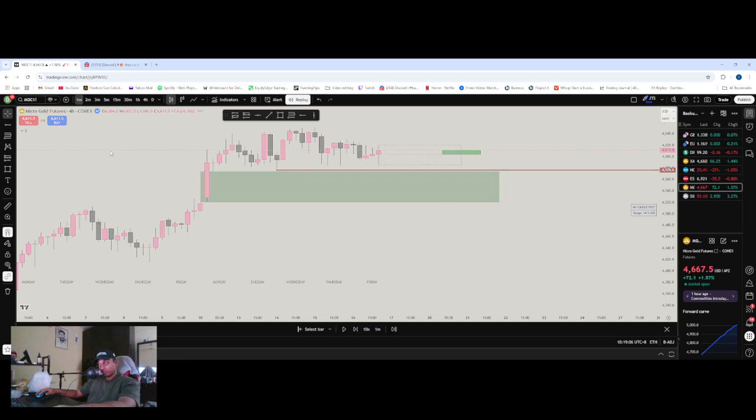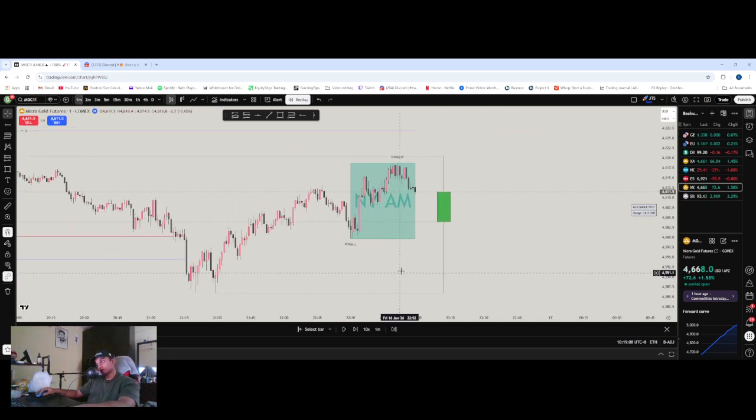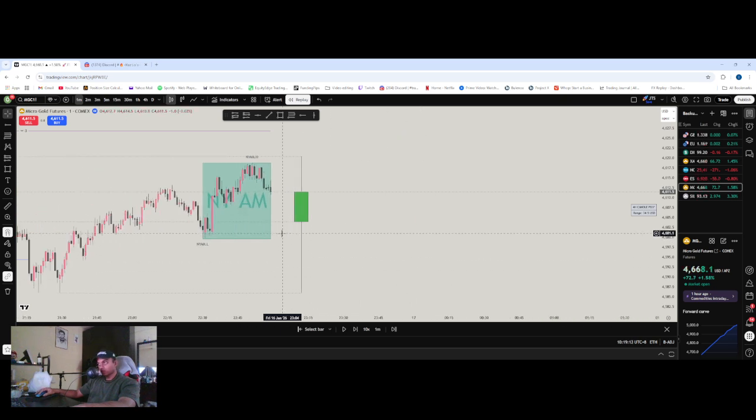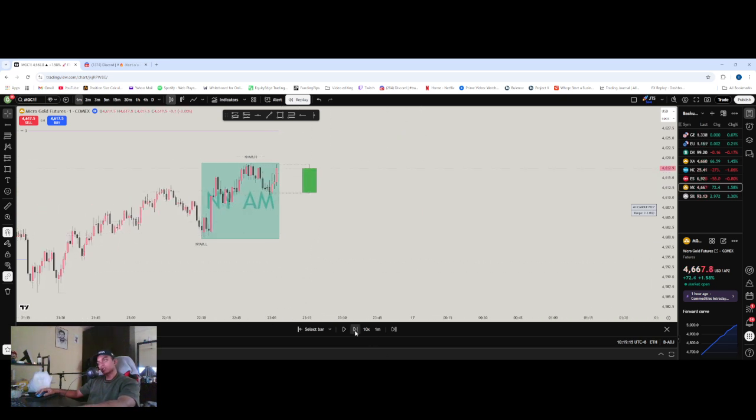Next, drop to 1 minute. Yeah, drop to 1 minute. Then let's see. Waiting for a manipulation. Right now it's manipulating higher. Alright, it's manipulating higher. If I see a break, yeah, I saw a break of structure here, right?